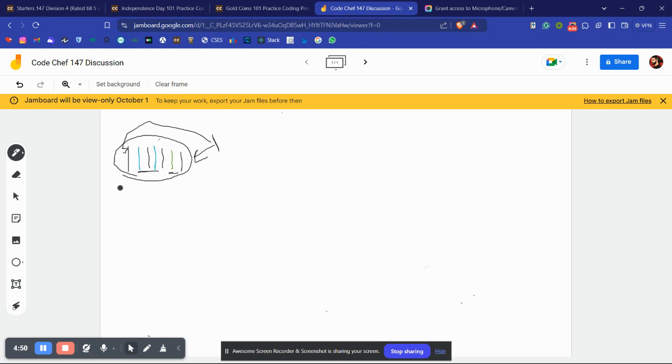So we have to print the answer no only when A is greater than B plus C plus 1.